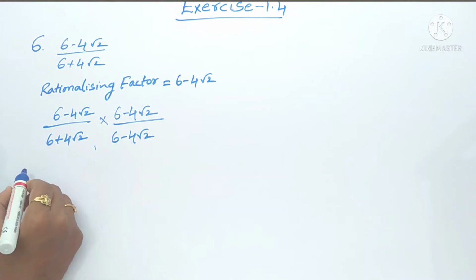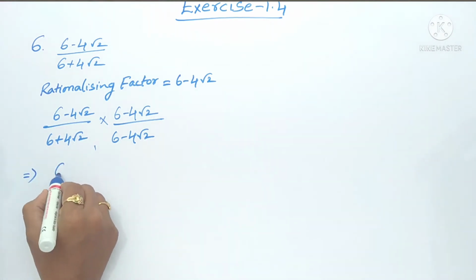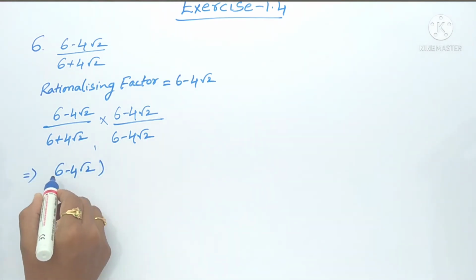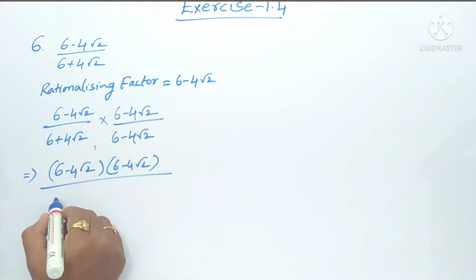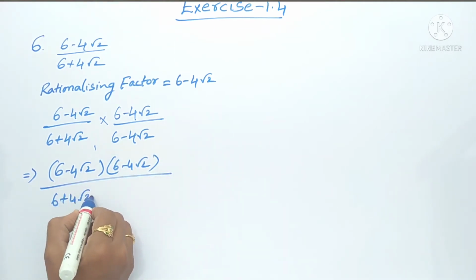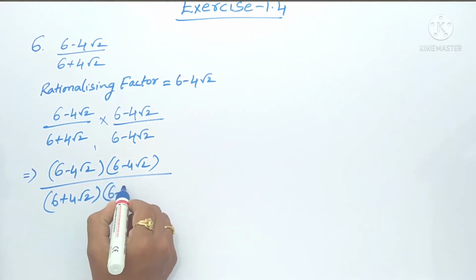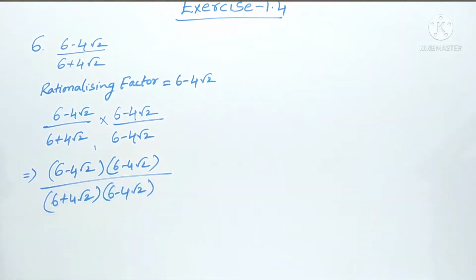So after multiplication we will get 6 minus 4 root 2 into 6 minus 4 root 2 by 6 plus 4 root 2 into 6 minus 4 root 2. So if you see, these terms both are same.